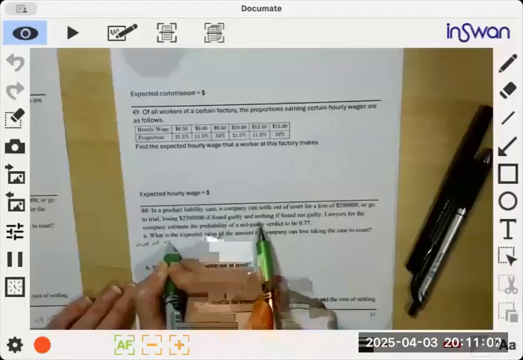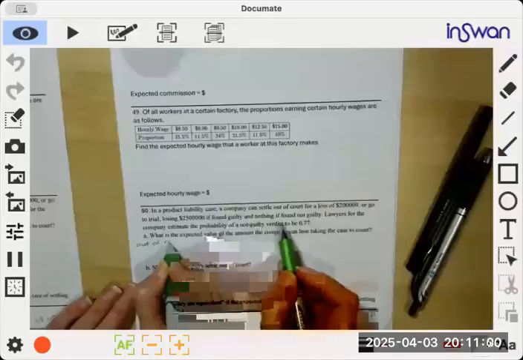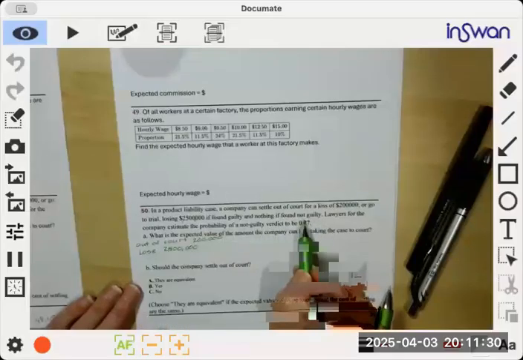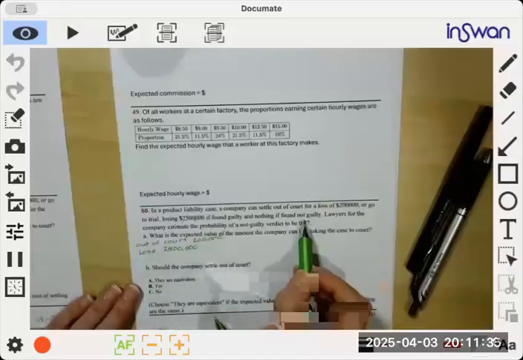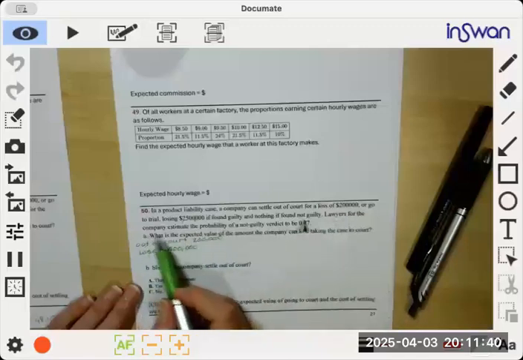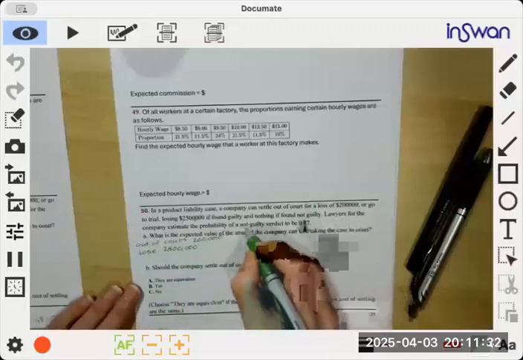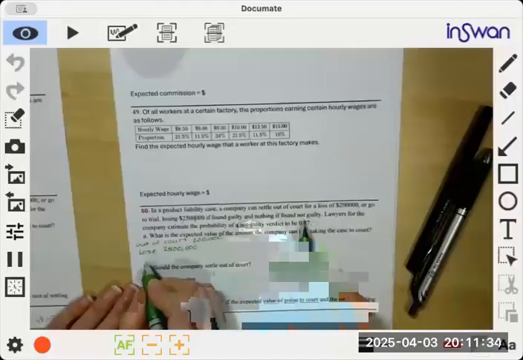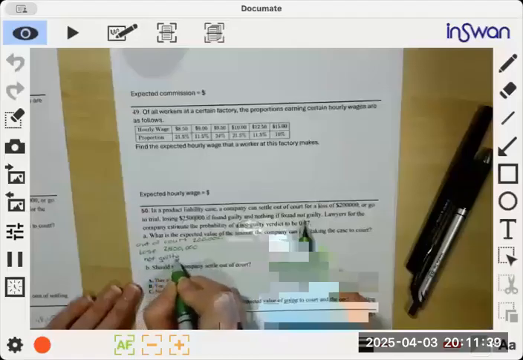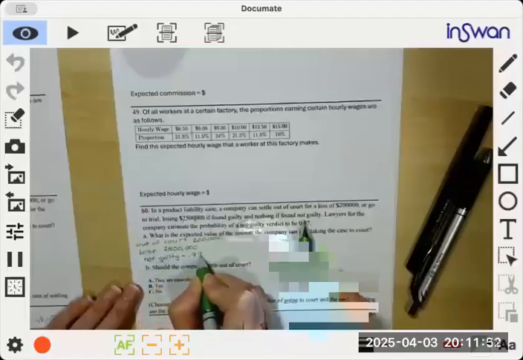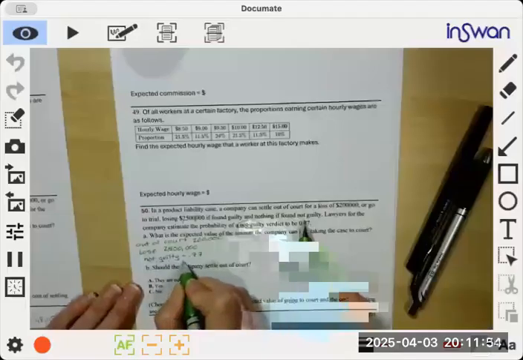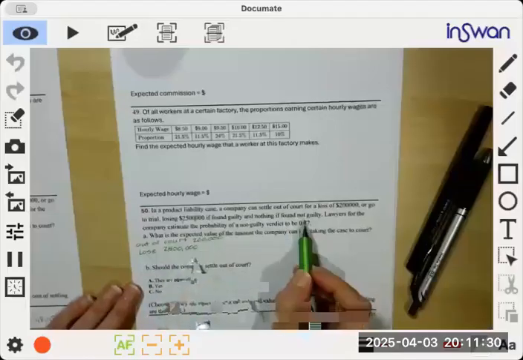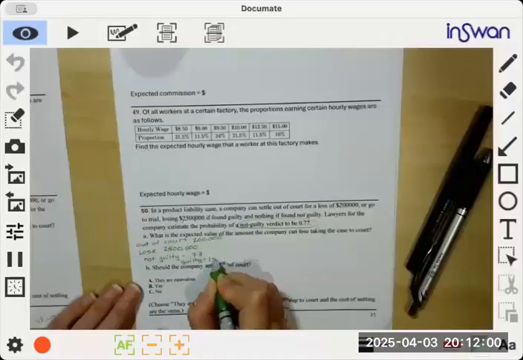If found guilty, and nothing if found not guilty. The not guilty is 0.77. So then guilty is 1 minus 0.77.